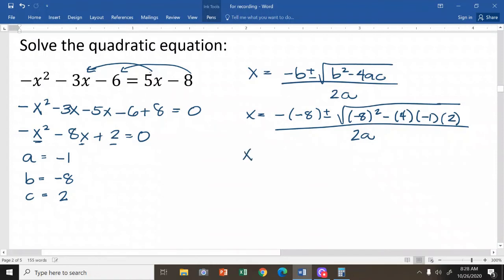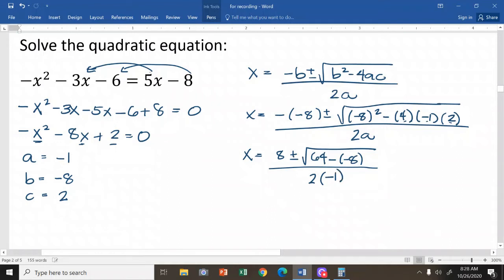Okay. So, pag sinimplify natin, meron tayong positive 8. Then, plus minus square root of 64, and then minus yung 4 times negative 1 times positive 2 gives us negative 8. Okay. Over 2. And then, yung A, negative 1.